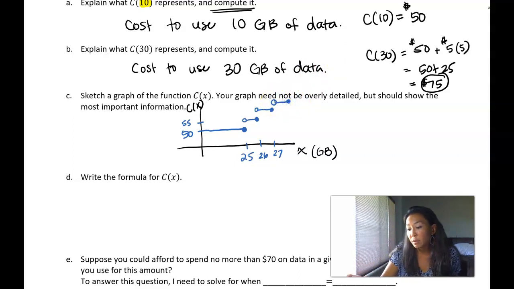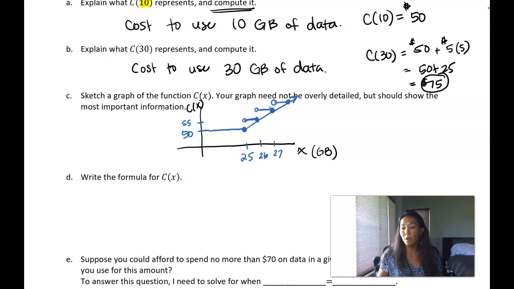Okay. Now, some of you might have graphed it this way, and that is okay too, because we don't really understand exactly what's happening. But right now, if I were to go any gigabyte over, I have to now pay $55. It's not going to be a linear function. It does grow linearly if you look at each integer, rather than parts of a gigabyte. Okay.